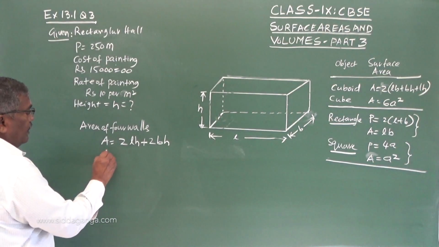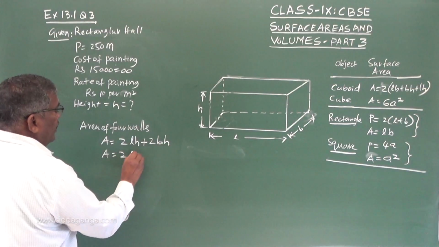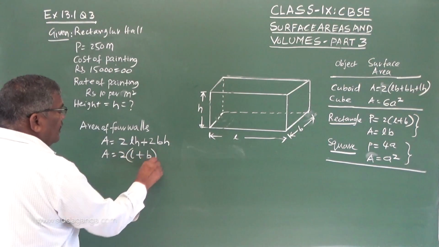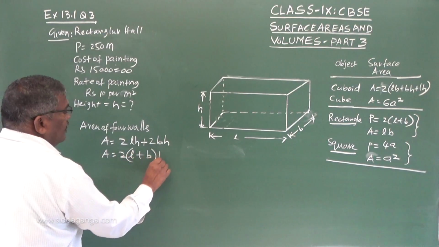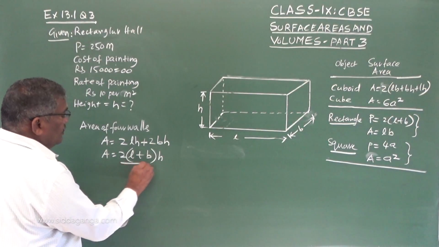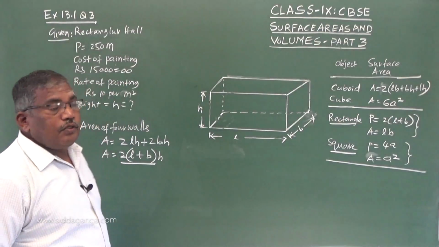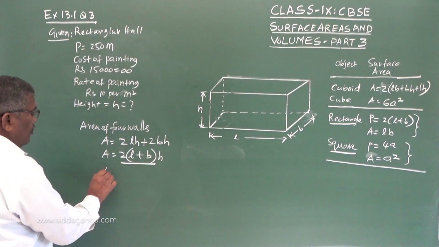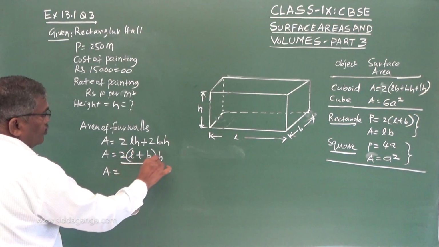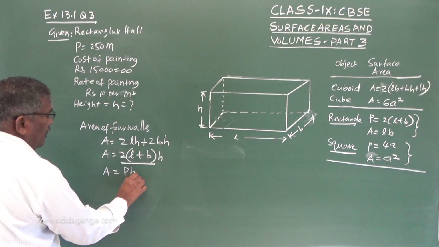So area equals 2 times, you take H outside, (L plus B) into H. This 2 into (L plus B) is nothing but the perimeter. So area equals perimeter into H.